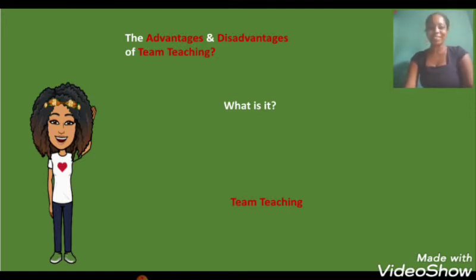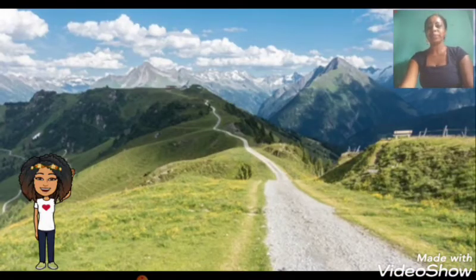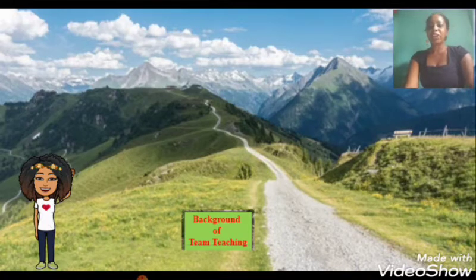We will see. On our journey, you are going to meet 5 junctions, and on each junction, we will learn something new. And since it is the Christmas season, you will find festive surprises. The first one will be the background of team teaching.